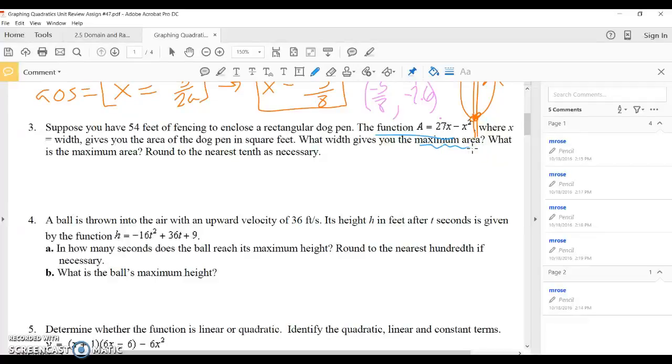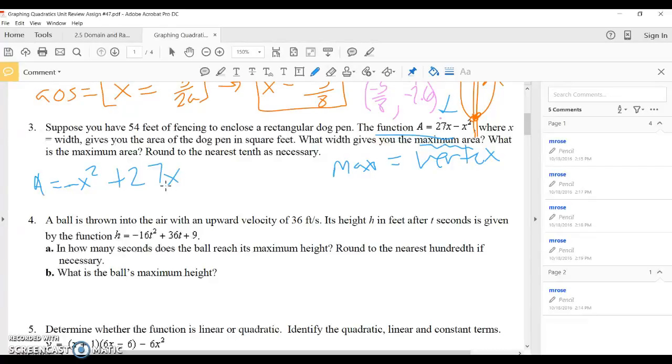Well, anytime I see the word max, I should think, oh, what's another word for max? The vertex. So let's go find a vertex. Well, I don't like how this is written, so I'm going to rewrite it. I'm going to say a is equal to -x squared plus 27x. Because this gets it into that ax squared plus bx plus c.